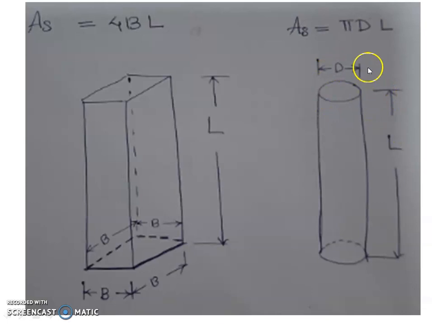And if it is a circular pile, we can find out As using the formula pi into D, which is the perimeter, into the total length of the pile, that is L. So As can be written as pi D into L.